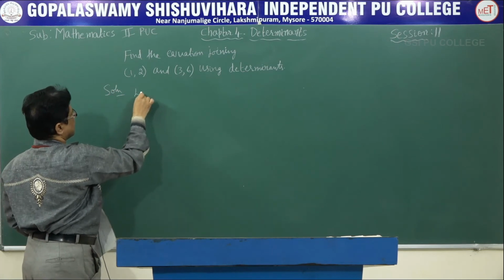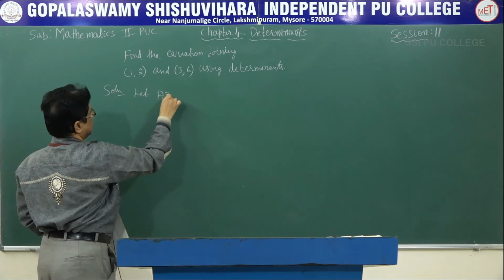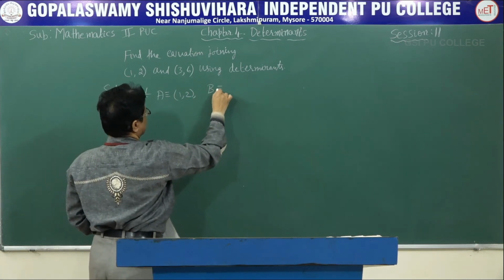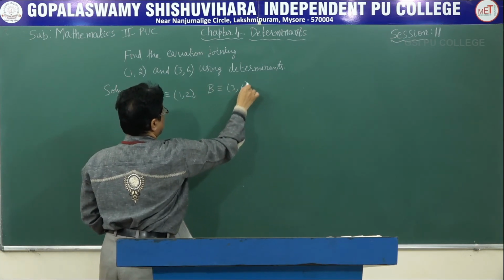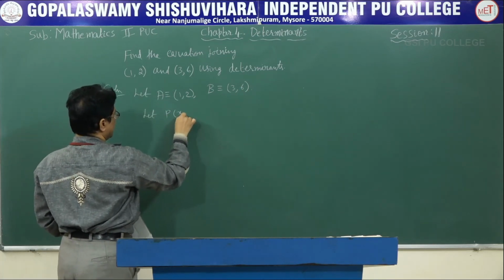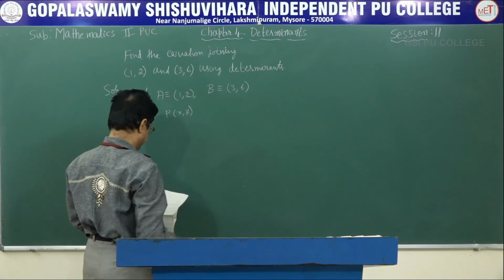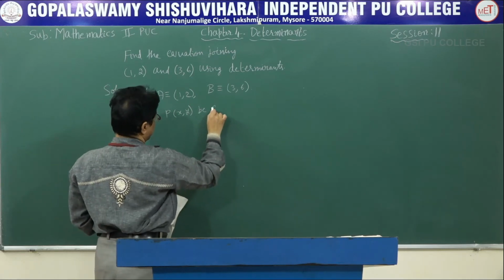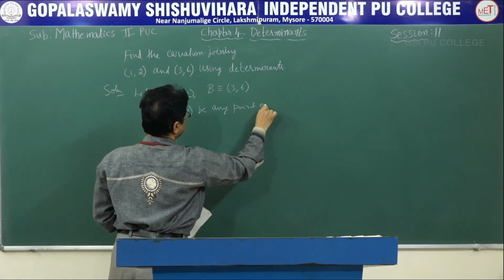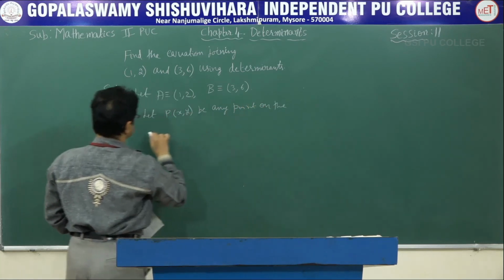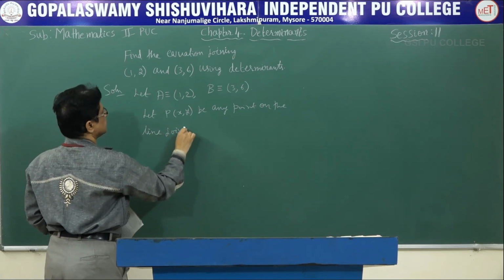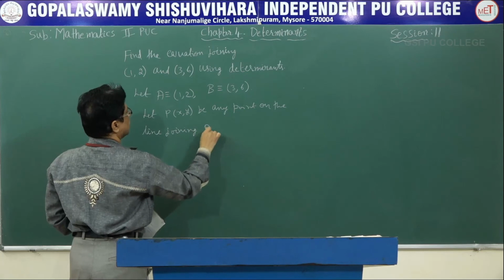Solution. Let A be 1, 2, B be 3, 6. Let P of x, y be any point on the line joining AB.